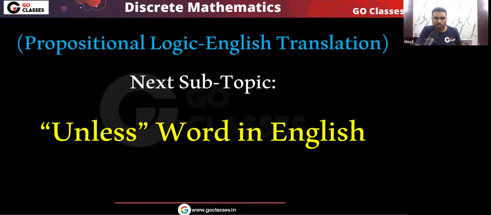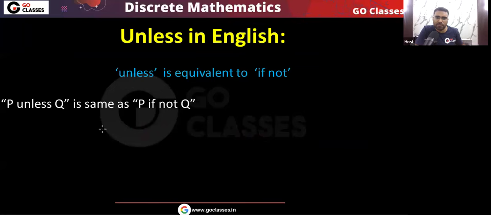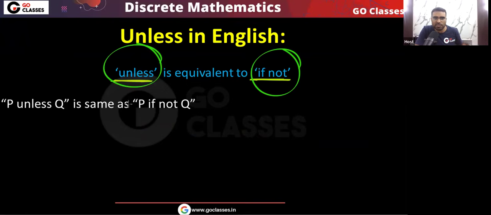The word unless. Okay, let me tell you, this is actually very simple. Unless is equivalent to if not. Very simple point. Whenever you see this word unless, just replace it with if not.